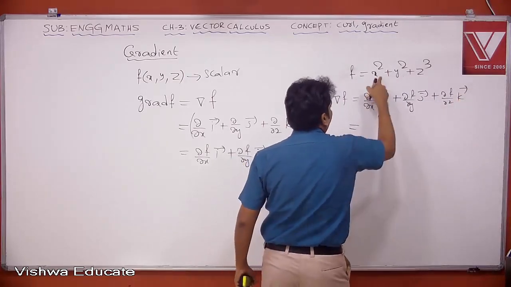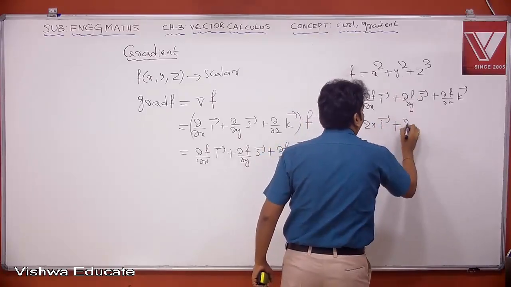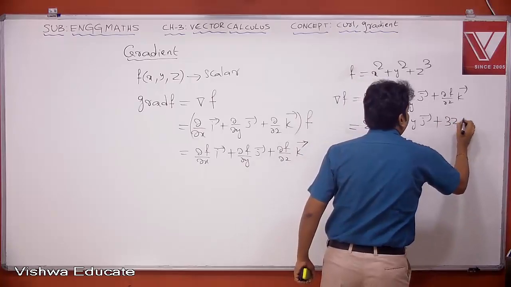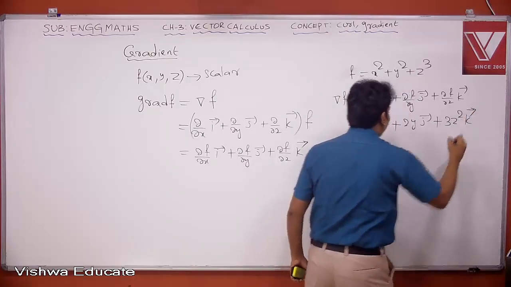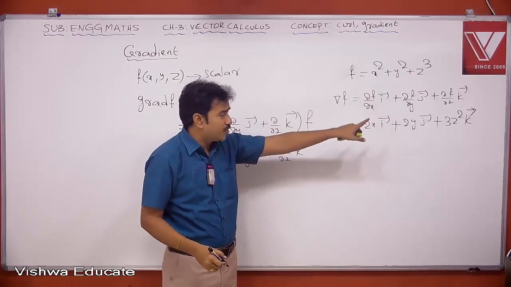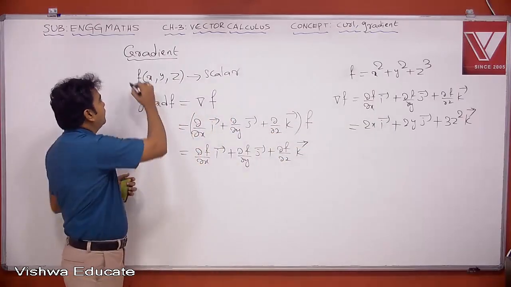Now here dou f by dou x is 2x, so this is 2x i bar. Dou f by dou y is 2y j bar. Dou f by dou z is 3z square. So therefore its gradient is given by this vector: 2x i bar plus 2y j bar plus 3z square k bar. Note this point.